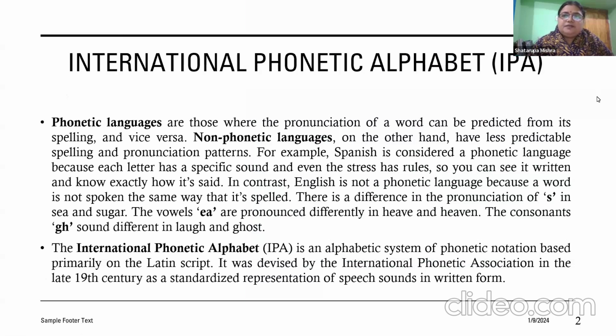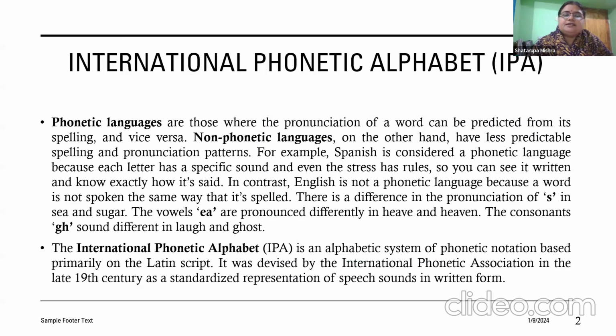Before we proceed, we must know something about the International Phonetic Alphabet, or IPA, and why was it necessary? Now, there are two kinds of languages: phonetic languages and non-phonetic languages.